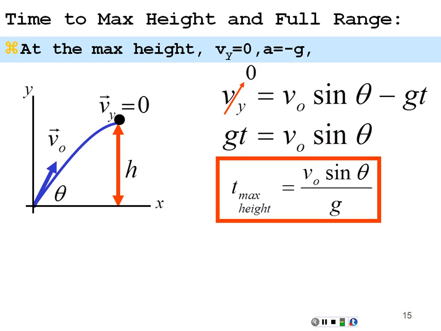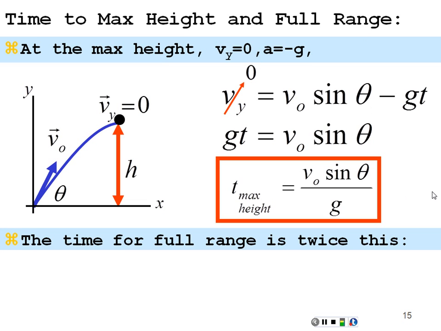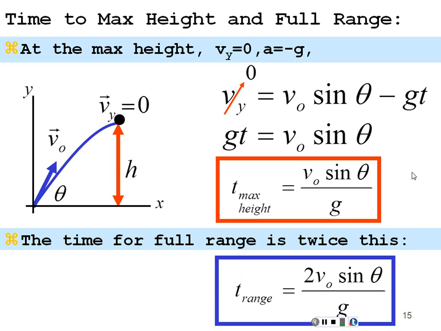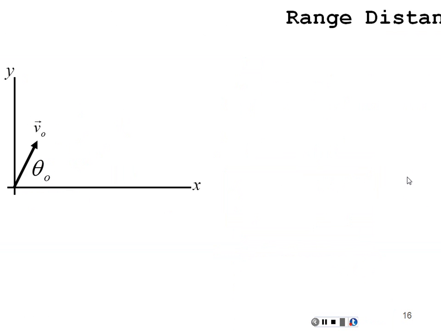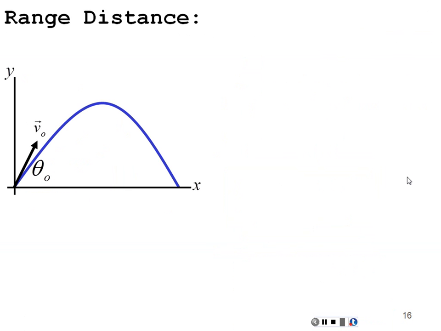The time it takes us to fall from maximum height back down to ground level will be exactly equal to that time, because that motion mirrors the motion going up to maximum height. So our time for the full range to go up and then back down to ground will be twice this time, 2 v naught sine theta over g. Since that's our time in the air, we can now calculate what our range is.